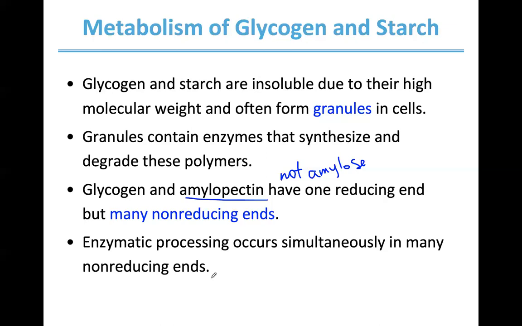So I have a question for you. It's a difficult one. You have to think about it. Why do we need to make glycogen, or why do plants need to make starch? Remember when we talked about neurotransmitters? We talked about these vesicles in the presynaptic neurons, where neurotransmitters would be stored.